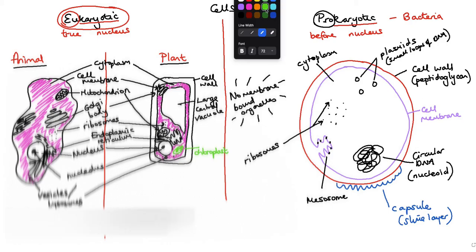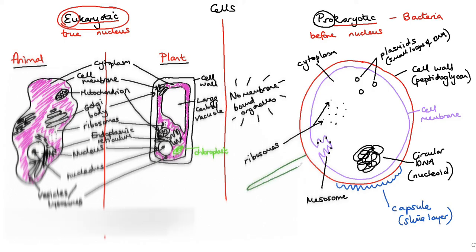And in some cells you might find one or more flagella. I've drawn just one there, so it's a flagellum singular, flagella plural, and that can beat and help to move the prokaryotic cell in a liquid medium. So that's the basic structure.